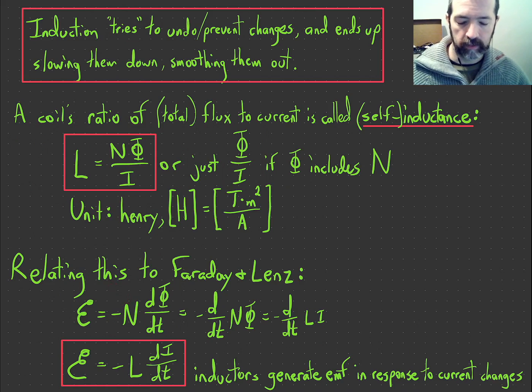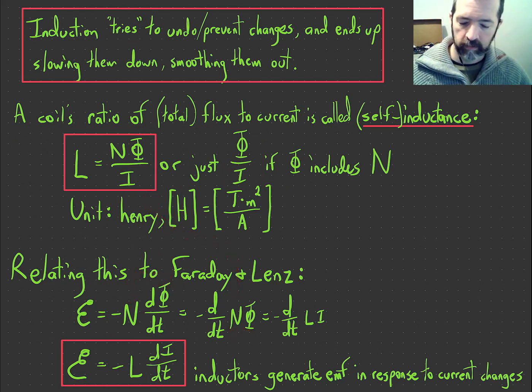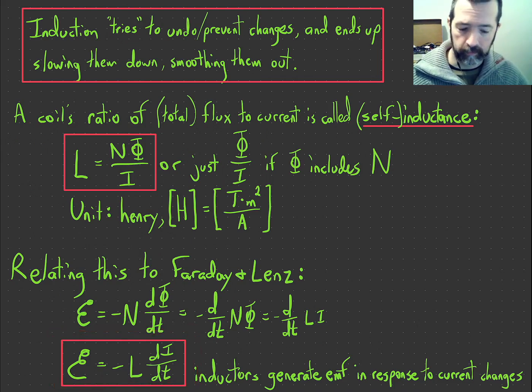And so if I put that inside the derivative like this, I then notice that I have N times phi, but according to this definition of inductance, N times phi is the same thing as L times I. So that means that I can also write the EMF for Faraday's law as negative L dI dt.